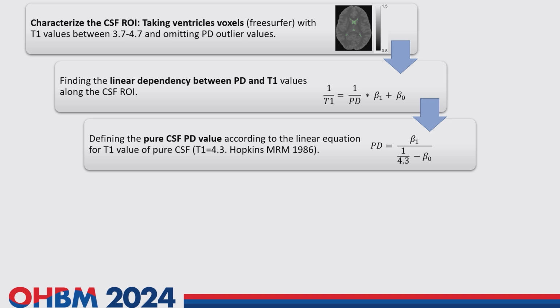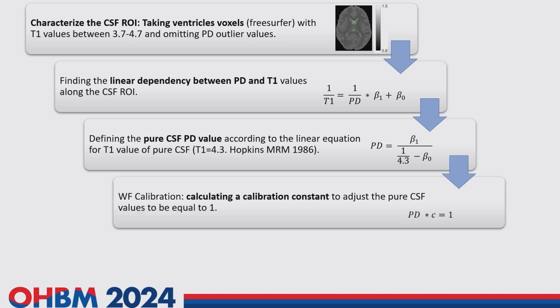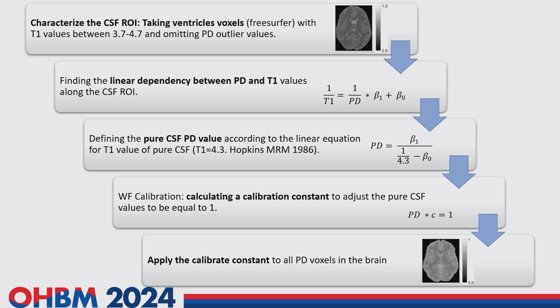The T1 is supposed to be 4.3 seconds, so we can plug it into the equation and see what PD we have. So we have all the parameters here, and we have some value of PD, and we can now find this single coefficient that will allow us to make PD of the pure CSF equal to 1, and then we have a true water fraction map. So that's what we do. We then use this calibration parameter to create a water fraction map.